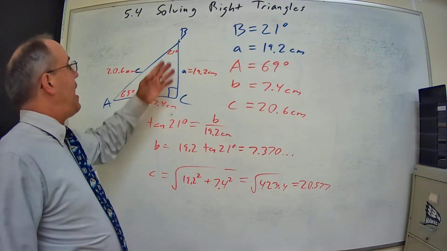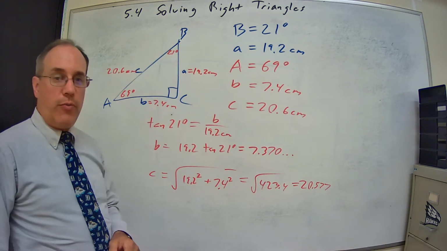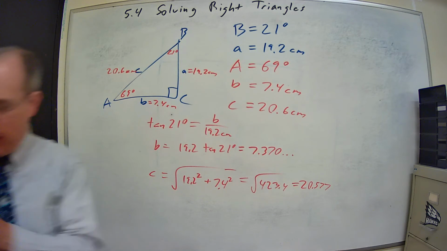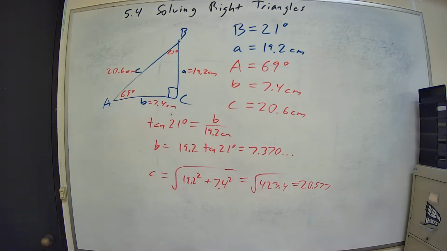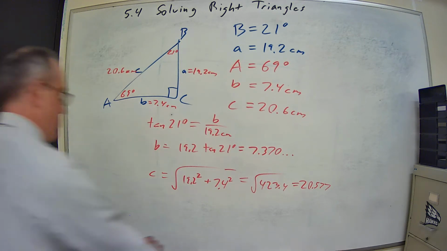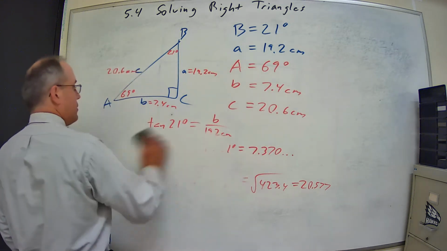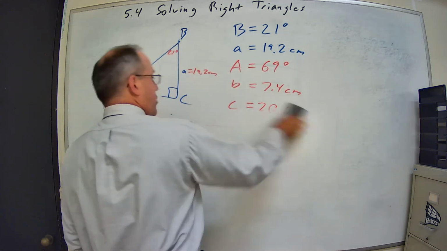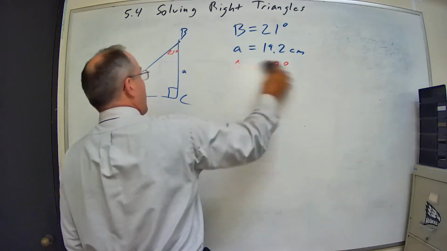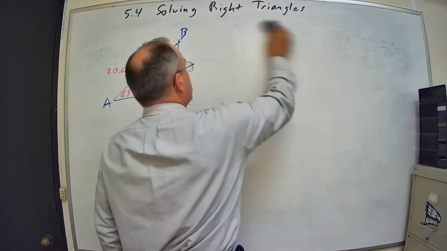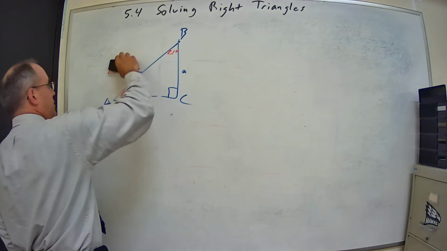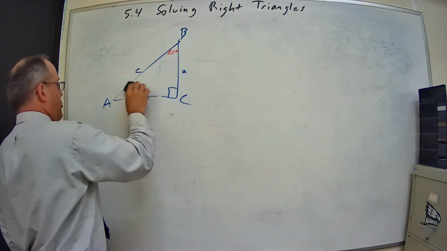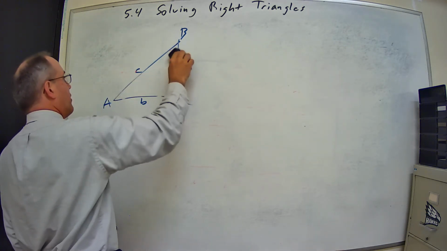So that's if we have one angle and one side. Let me put down the calculator. So let's erase everything but that triangle and say, well, what if we have two sides of the triangle, and that's all we're given?